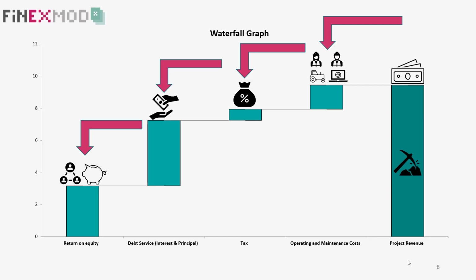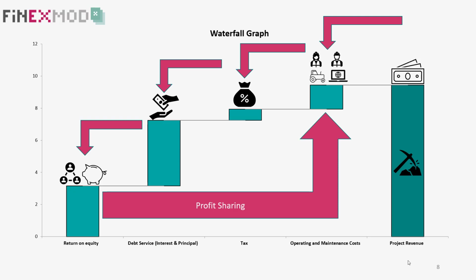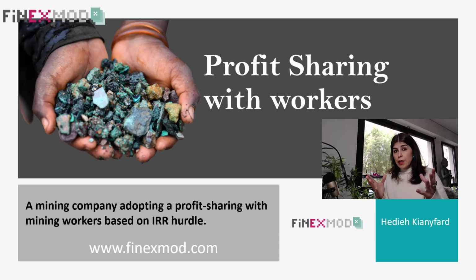Now we want to see what happens in the context of a mining company if the shareholders decide to put together a structure to share some of their profit with the mining workers. To explain the profit-sharing mechanism, let's have a look at a numerical example.